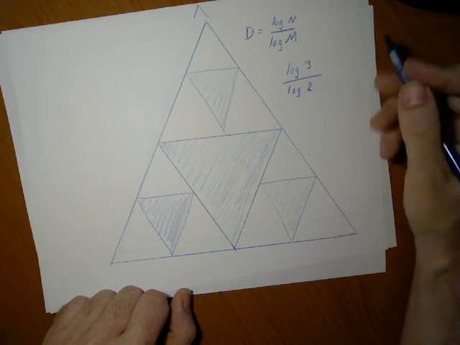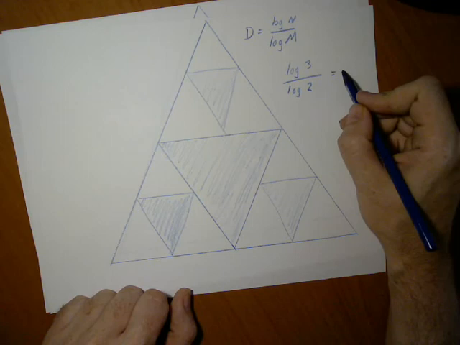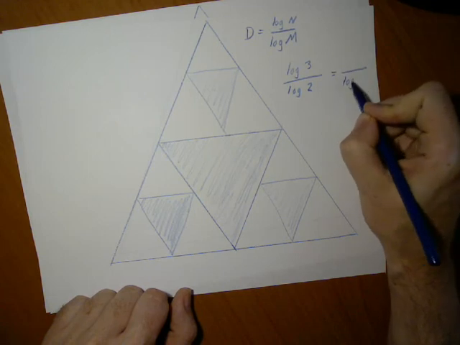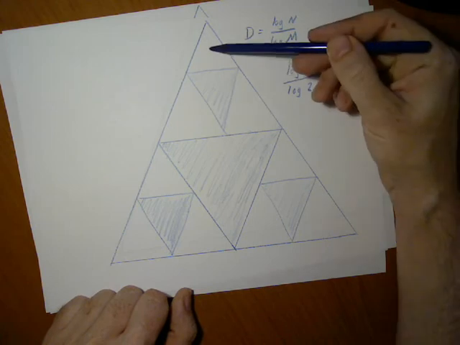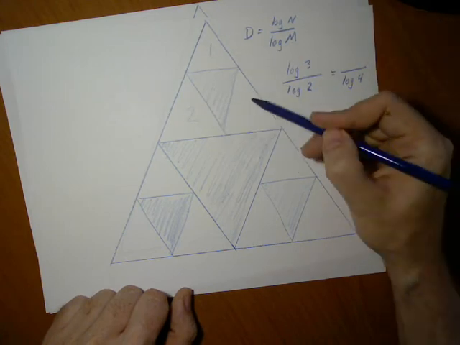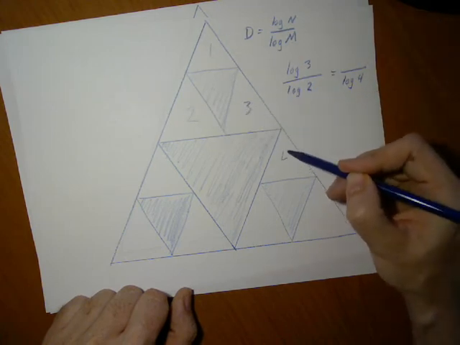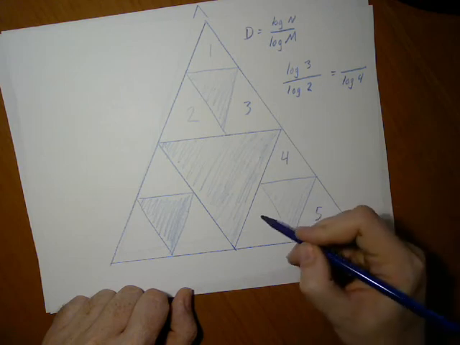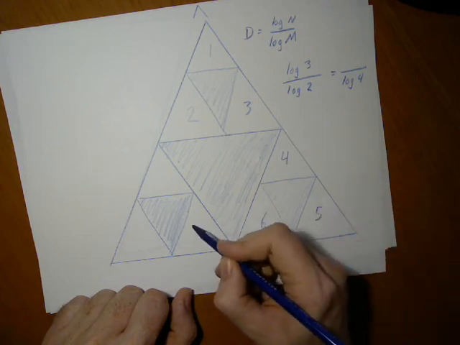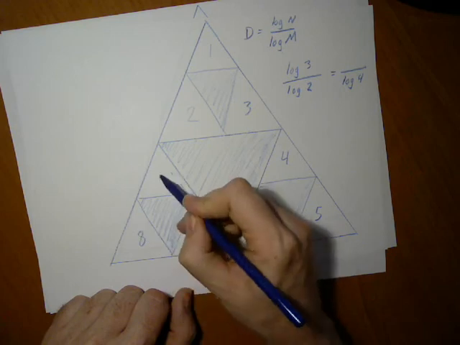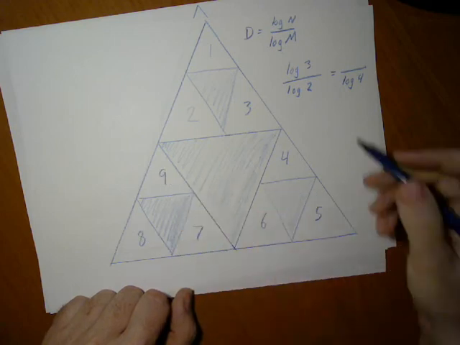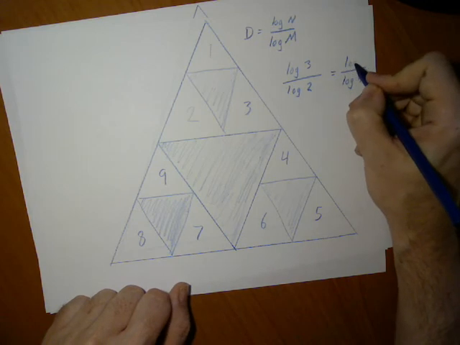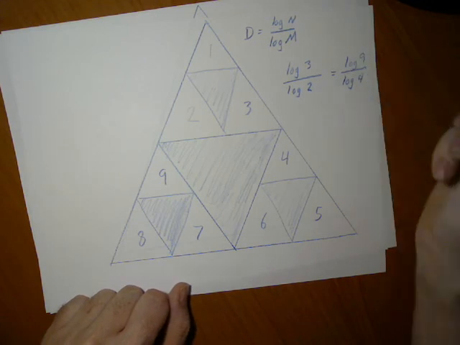Now if we go to a magnification factor of 4, then we can count the number of triangles. We have 1, 2, 3, 4, 5, 6, 7, 8, 9. 9 triangles. We can write log 9.